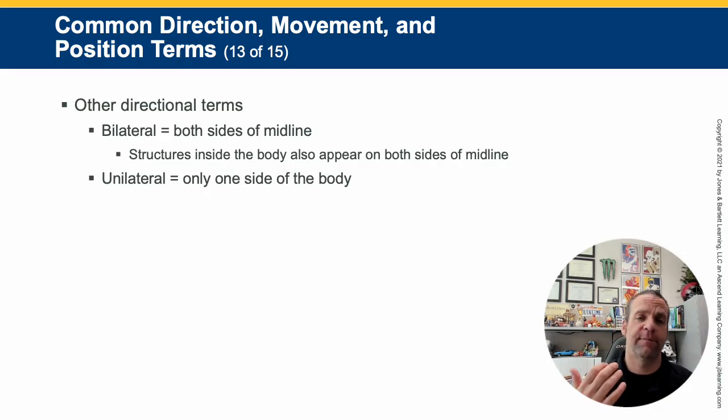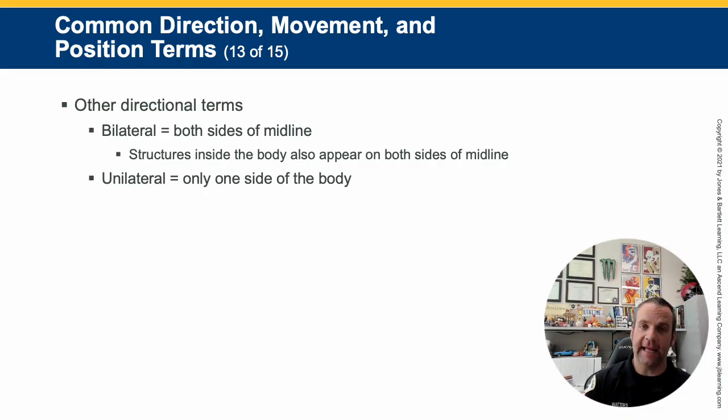For instance, if both lungs are expanding equally during respirations or ventilations, we describe the patient as having bilateral chest rise. Similarly, if we have a patient that has equal and strong pulses in both feet, we're going to document that as bilateral pedal pulses are present and equal.